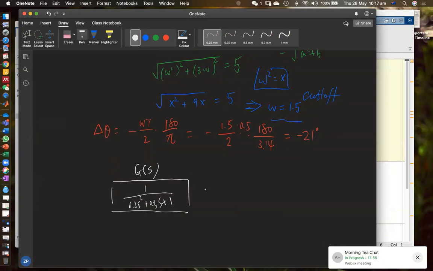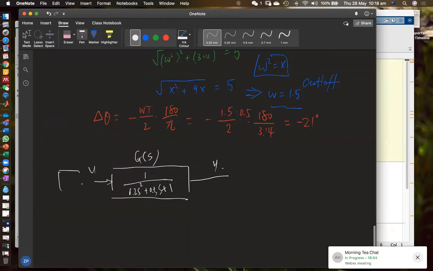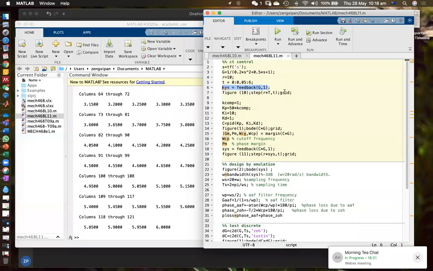So initially, I don't have any control. This is our output. This is supposed to be our control signal. Say I don't have any control, just put a 1 there, okay? And I've got a feedback. So this is no control. We firstly just run that, and I'll just plot the step response.